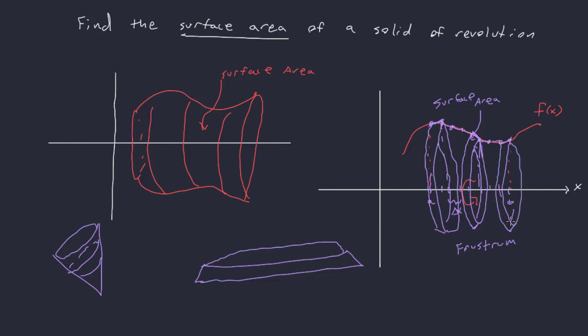And just like with the volumes, just like with the length, when we put them all together, we're going to get the surface area. So the surface area will be approximately equal to the sum of the area of each frustum.